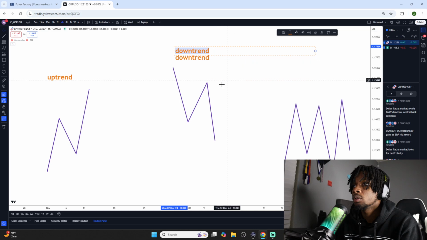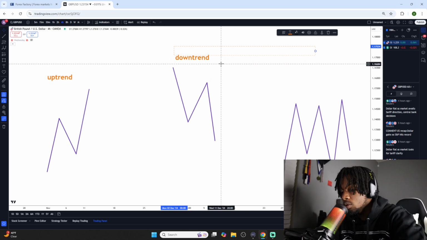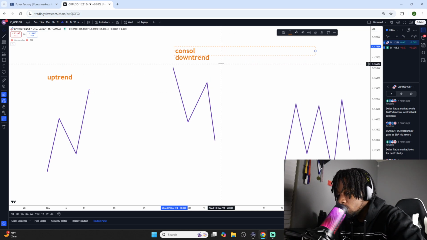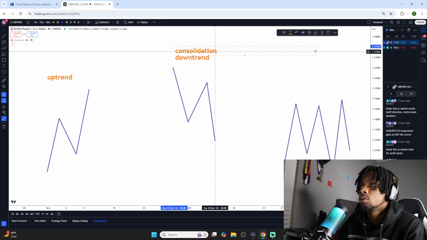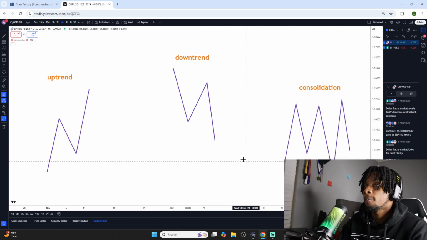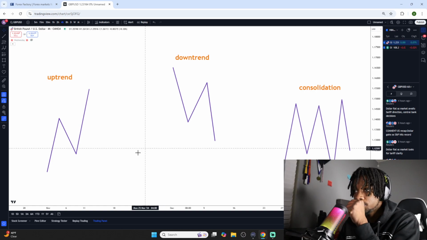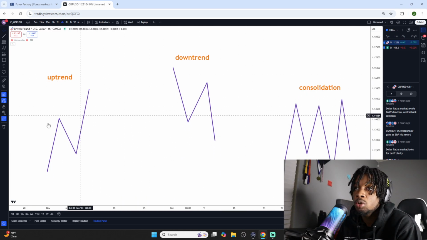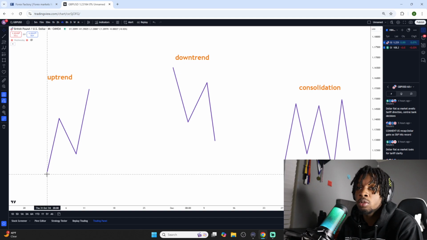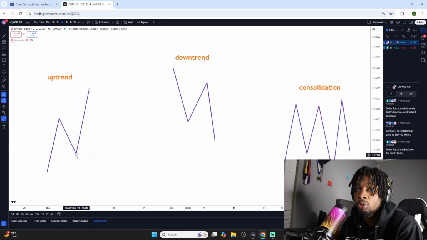Clone that again. And this is consolidation. So ideally, when you're looking at the market, these are the three conditions. Once again, these are the two trends. So as long as you follow the trend, you'll be good.